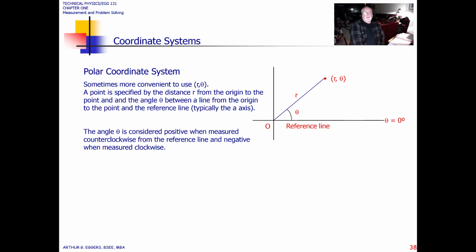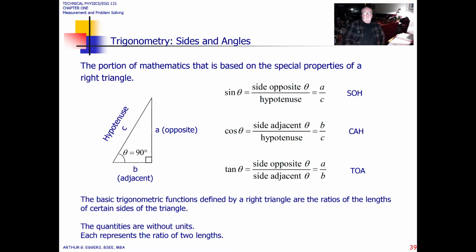A point is specified by the distance r from the origin to the point, and an angle theta between a line from the origin to the point and the reference line, typically the x-axis. The angle theta is considered positive when it's measured counterclockwise from the reference, and negative when measured clockwise.